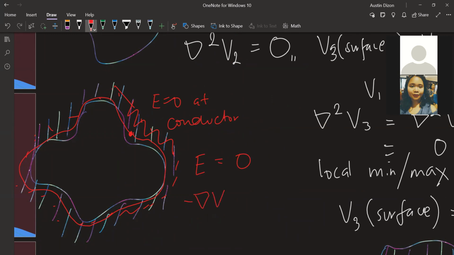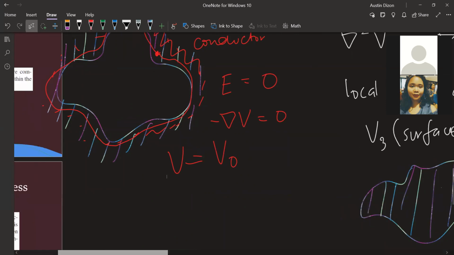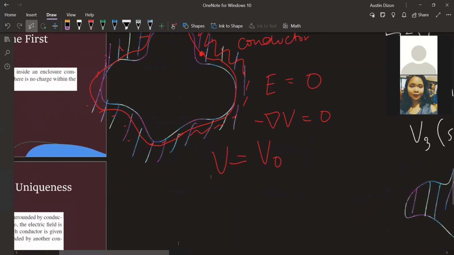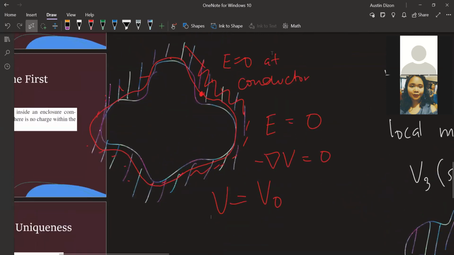Negative del of V is equal to 0. And what is the value of V when it's like this? So, it is some constant, V naught, right? So, V can be something that's constant. It can be 0, it can be 1, it can be 2, or something else. The point is, when you take the derivative, you get electric field equals 0. Right? Because we are in a conductor at this surface.